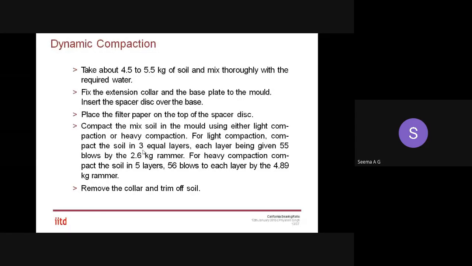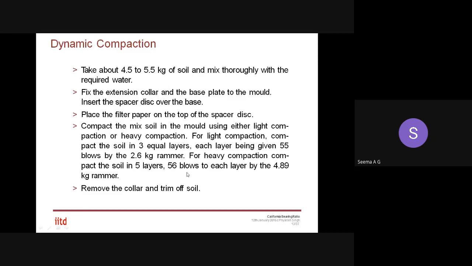Usually, the sample is prepared similar to heavy compaction. After mixing thoroughly, the sample is filled in the mold in 5 layers. Each layer is given 56 blows with a rammer of weight 4.89 kg.